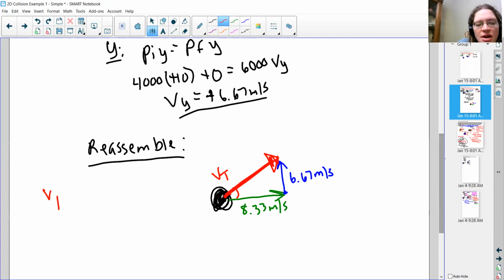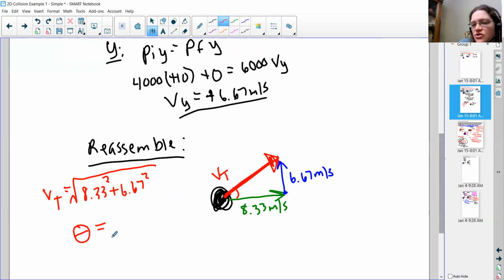So we're going to find the total velocity using the Pythagorean theorem. So I'm going to take 8.33 squared plus 6.67 squared, and then take a square root to solve for the hypotenuse here. And then to find the angle, right here, you could use your favorite trig function.